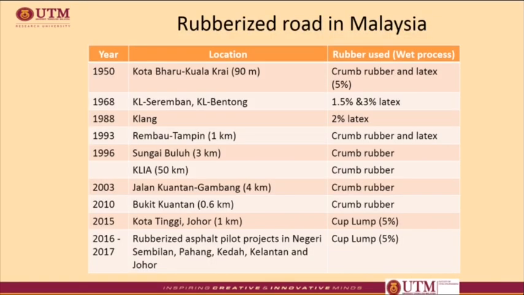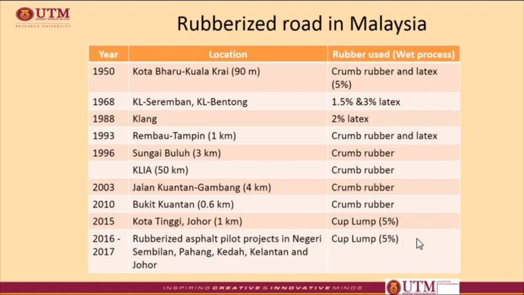If we trace back the development of rubberized road in Malaysia, the chronology started in the 1950s, and the biggest project of all time is in KLIA. It involves the use of different types of rubber, including crumb rubber and latex.